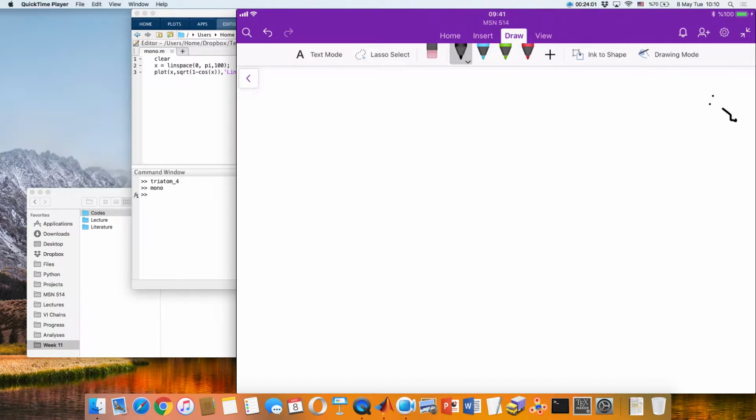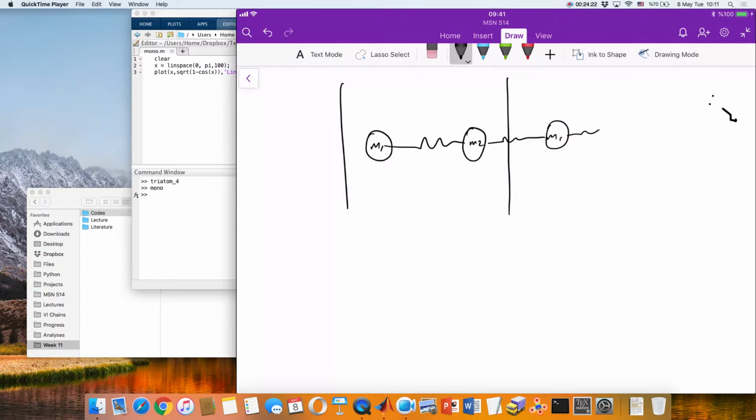Let's now solve, or at least write the equation for the system. For the system that has two kinds of particles, like M2, M1, and it's a chain that continues like this, M1, M2, etc. Do you see what I did there?